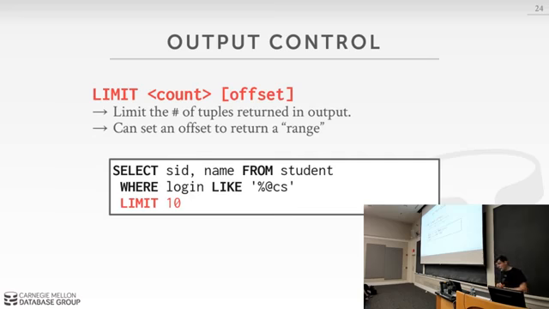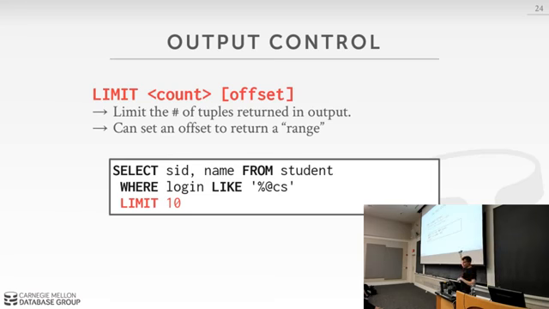Another common thing you want to do is limit the number of tuples that are produced in your output. And of course, there's a LIMIT clause for this. You basically specify that for all the results of my query, only provide me back some number of them, like 10. This is very common for things like search results, where you'll see just 10, and then you click the next button to go see the next 10.